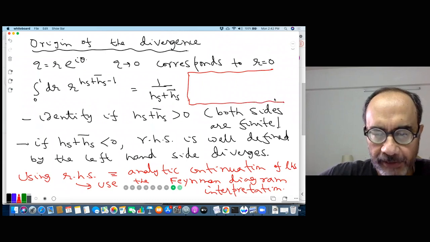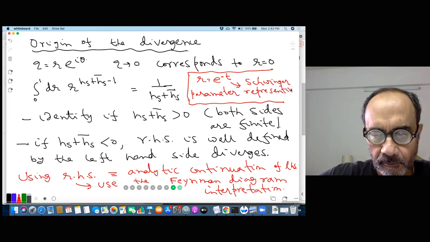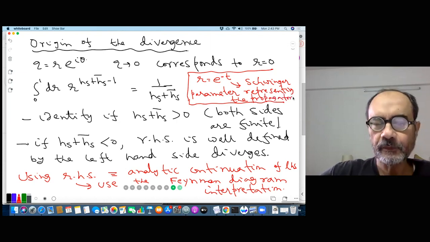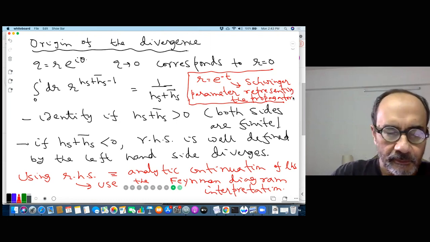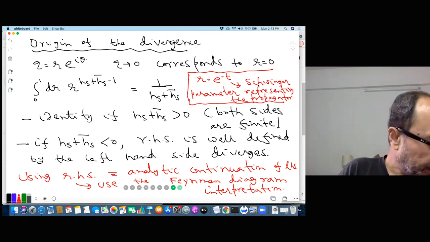If we write r as e to the minus t, then this t becomes the Schwinger parameter of the propagator, representing the propagator, up to a normalization. Okay, are there questions?